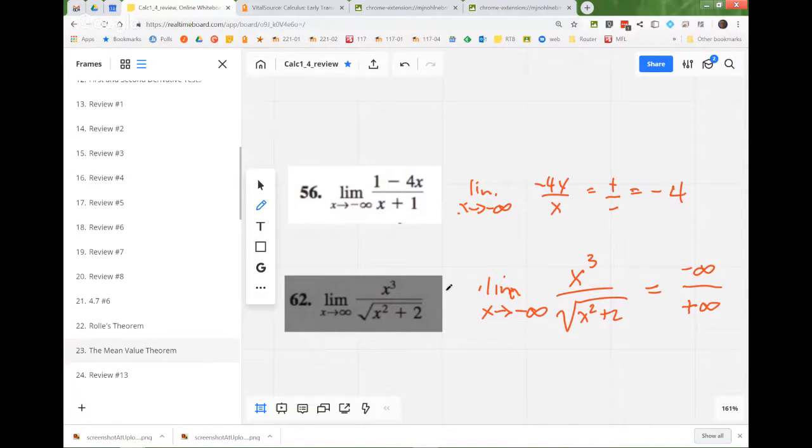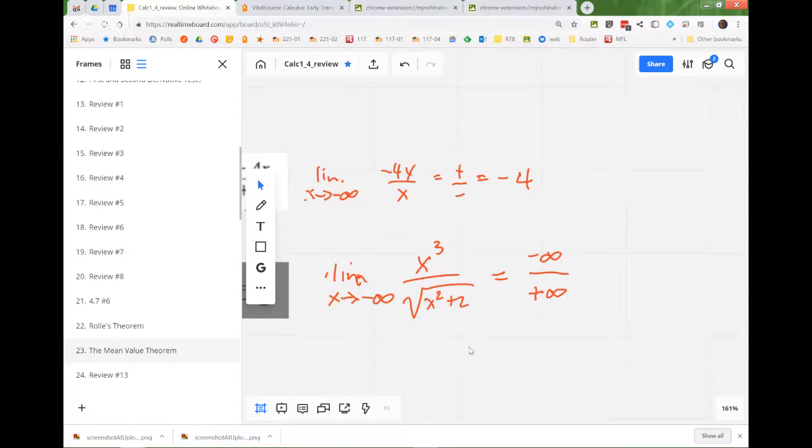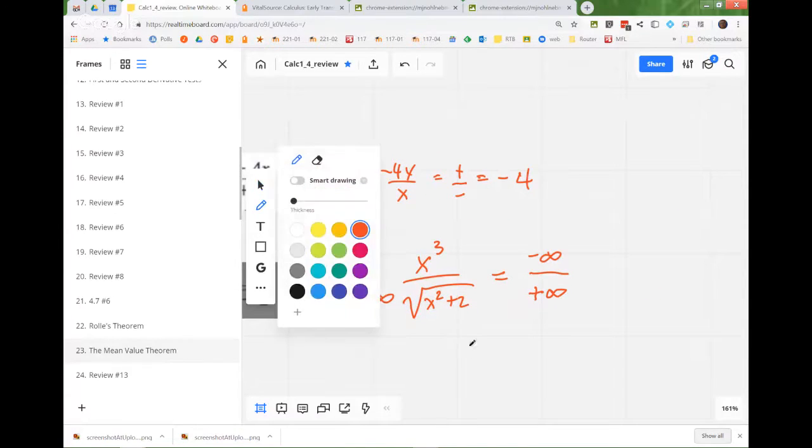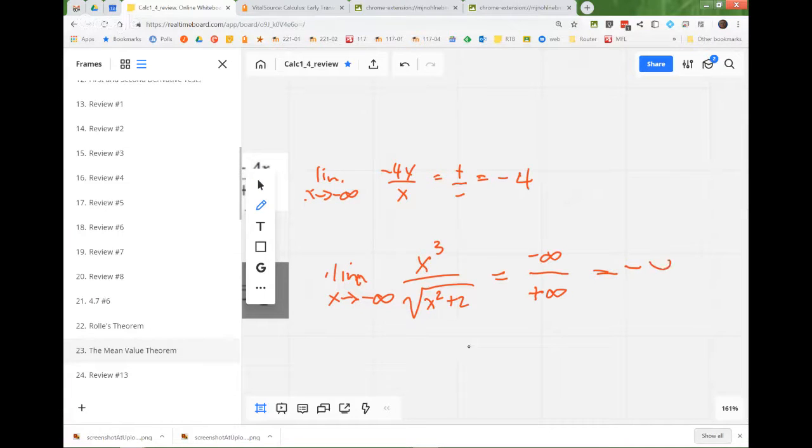Obviously the top wins number-wise, because you've got a cube over something to the first. So we know the answer is infinity, and it's negative on top, positive on the bottom, so it's got to be negative infinity. I think at first I was thinking that you do the square root of the bottom, so the degree would be 1, which would make the denominator negative infinity.